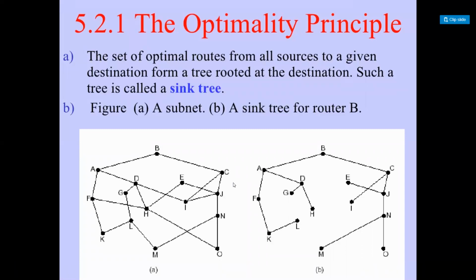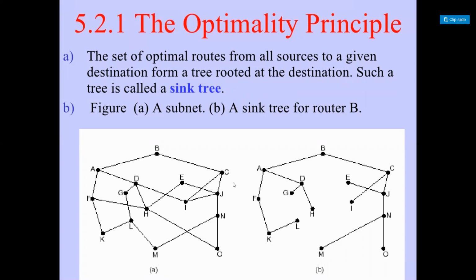The first point: the set of optimal routes from all sources to a given destination forms a tree rooted at the destination. Such a tree is called a sink tree. Here we have two diagrams.